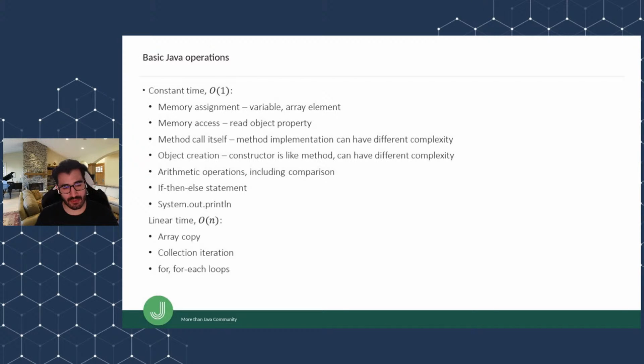All of these are examples of constant time because they take the same amount of time every time they are called. And then we have linear time, which is basically when an array is being copied to another array, or when we are iterating a collection, or when we are doing for-each or loops in general. This is an operation that is linear time because it's going to grow depending on the input size of the function.